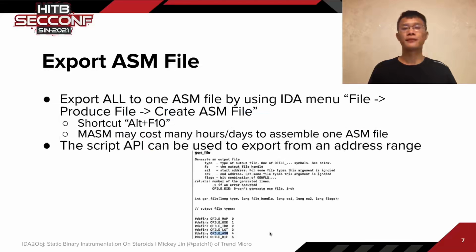Now, let's export the assembly file. We can export all instructions to one assembly file by using the IDA menu, File, Produce File, Create ASM File. However, MASM may take many hours or days to assemble one ASM file.